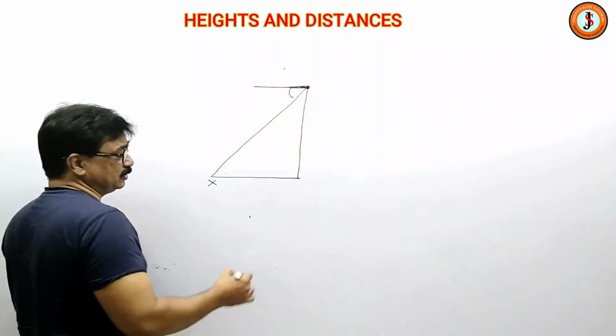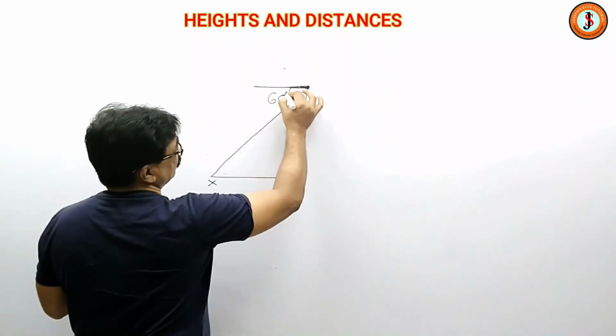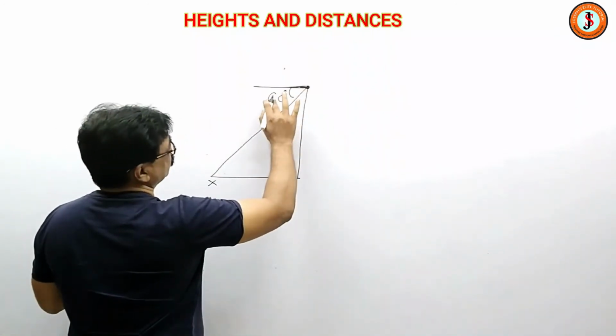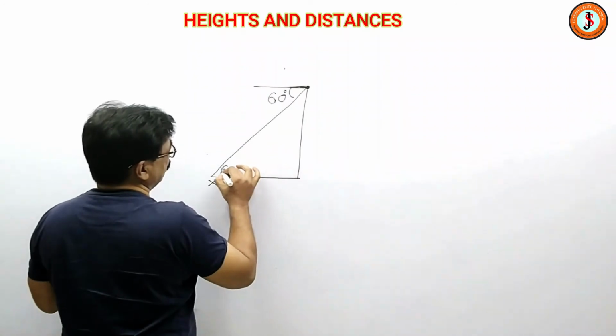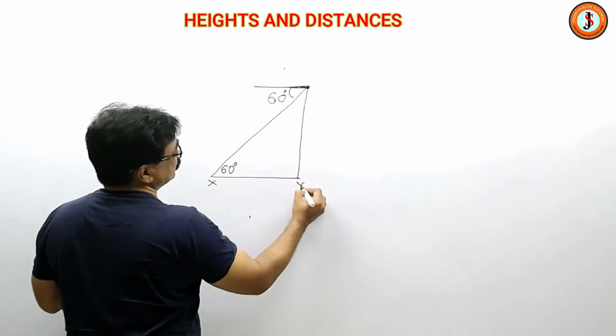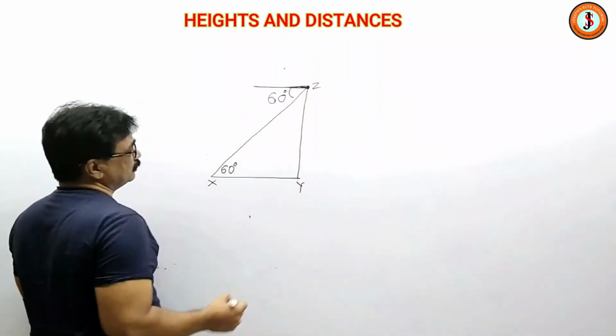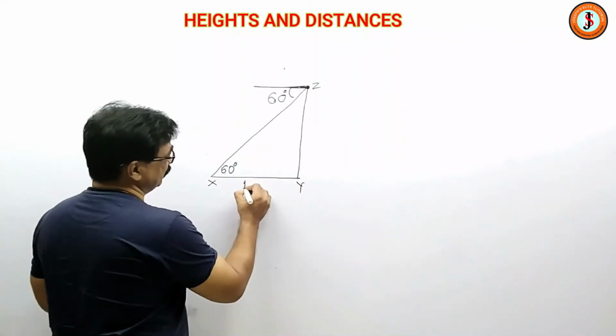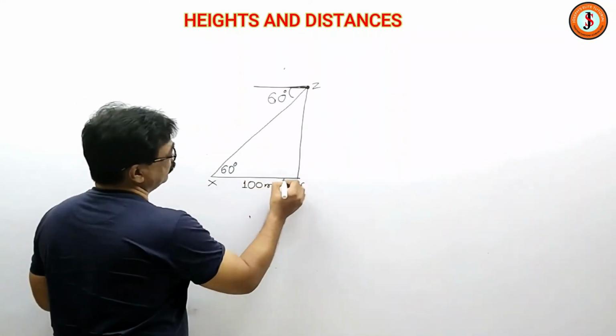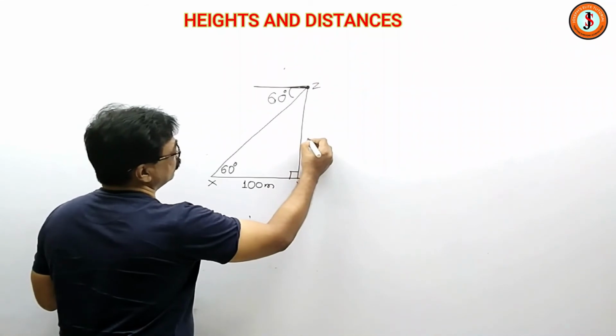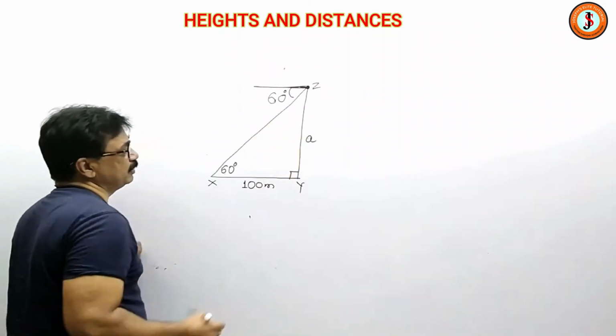And this is 60 degrees over here. You can take YZ as the tower, and this is 100 meters away. Let the height be here.